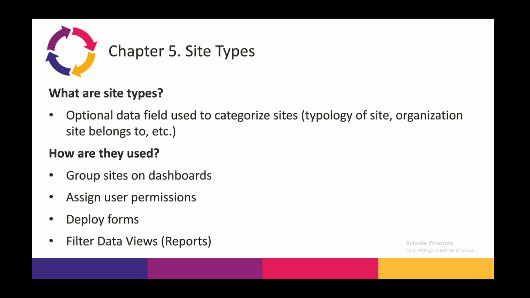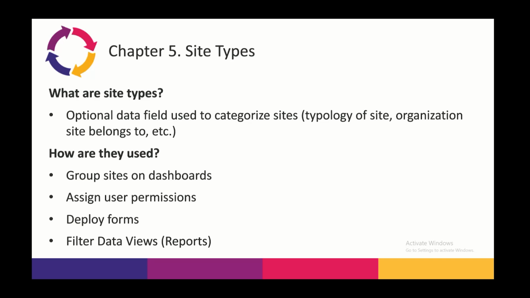You might also instead use for site types the organization that works in the site. So let's say you have actors that work in your project, you have IOM and you have NRC. Then you might have for site type the organization that works in that site.